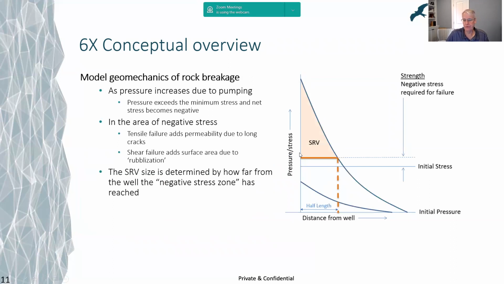So this volume or this area here represents the extent of the stimulated reservoir volume at this particular location along the wellbore. And the distance from the y-axis across to here, the point at which breakage occurs, represents the half length of the fracture at this location. Remember, this can be a heterogeneous model, so the half length may be different at different locations along the well.